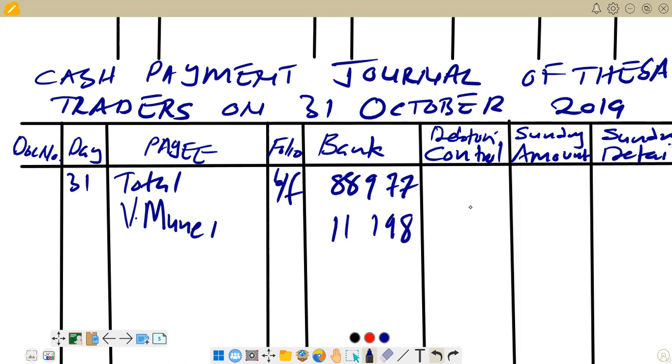And remember, this person was a debtor, it was a receipt that was received from the debtor. So we are going to put it in the debtors control column, 11,198. So this is what we have. Then we can go on and check what we have next.